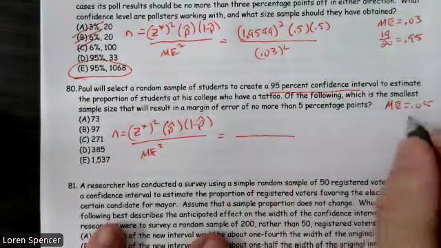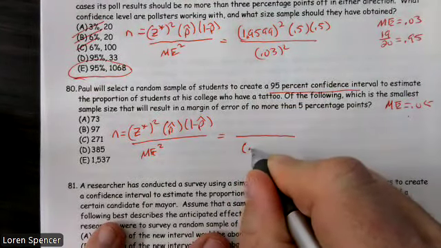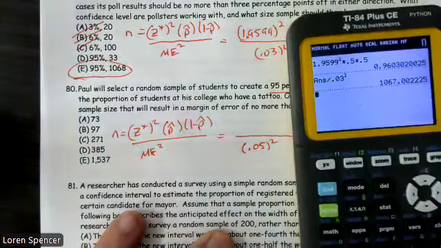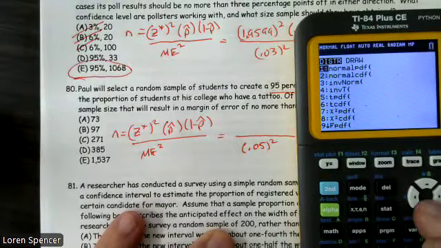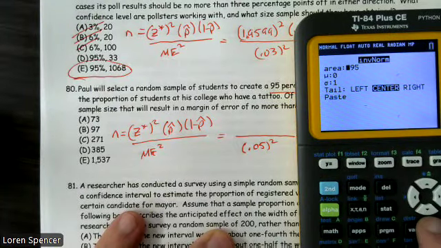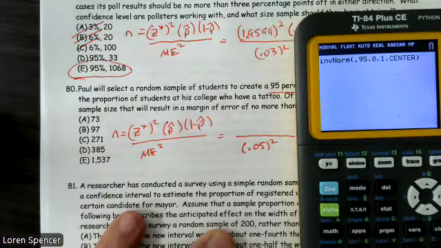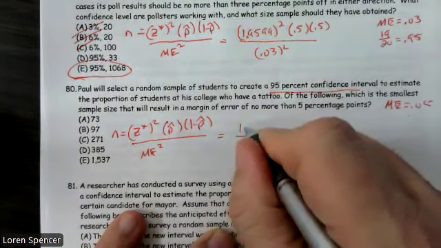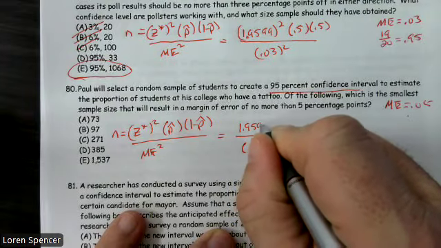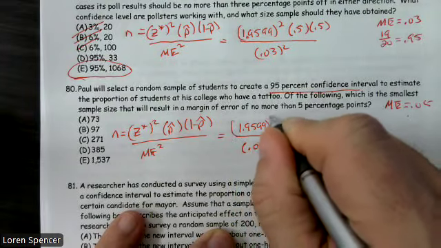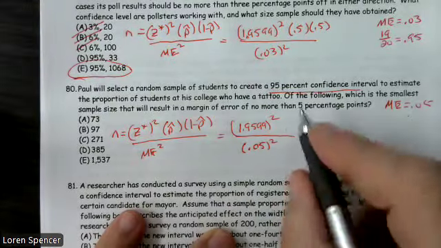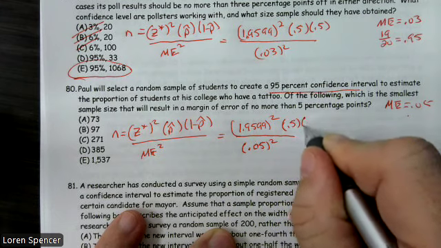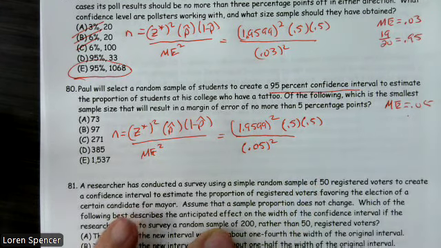We know we can plug in, don't forget to square this, 0.05. Z star, second vars, inverse norm, 0.95, and we get 1.9599. And P hat, since they didn't give it to us, we're going to just use 0.5 and 0.5.